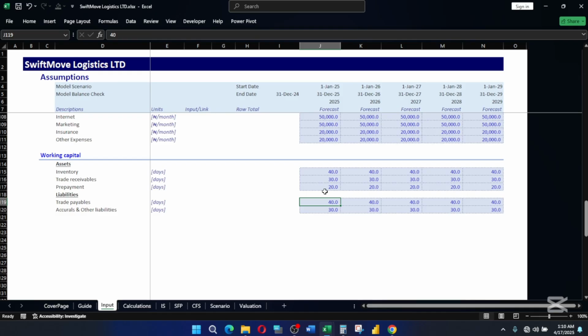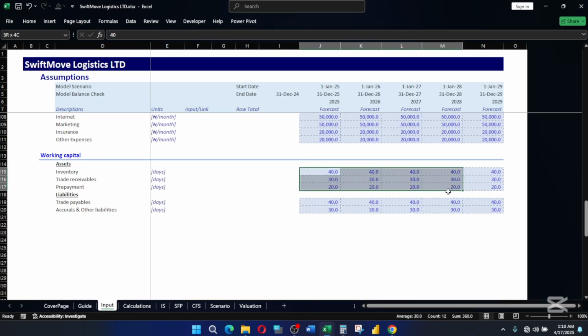That is why you have to receive your money earlier from your customers to be able to pay your vendors, your creditors. So that is why we say we receive our money in 30 days and we pay our creditors in 40 days. I also have the accruals and other liabilities, right? So these are the assumptions we have built around the logistics company.